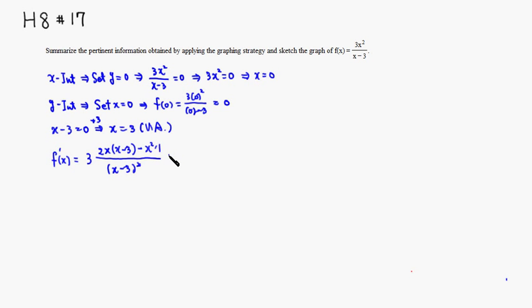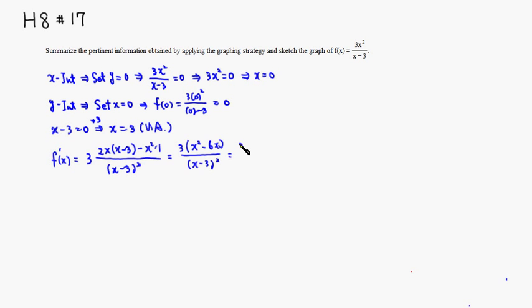We can simplify it. You have a 3 from the front, and you have 2x squared minus x squared, which is x squared, minus 2x times negative 3, which is negative 6x, over x minus 3 squared.